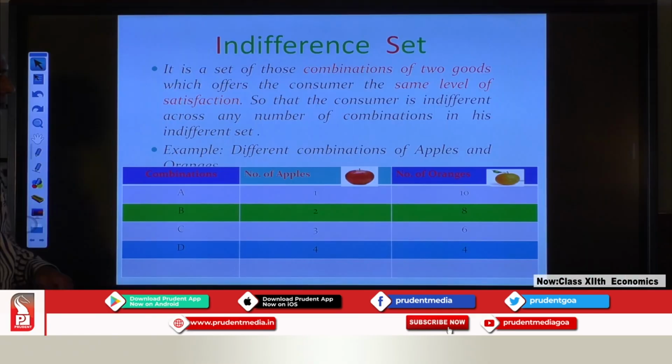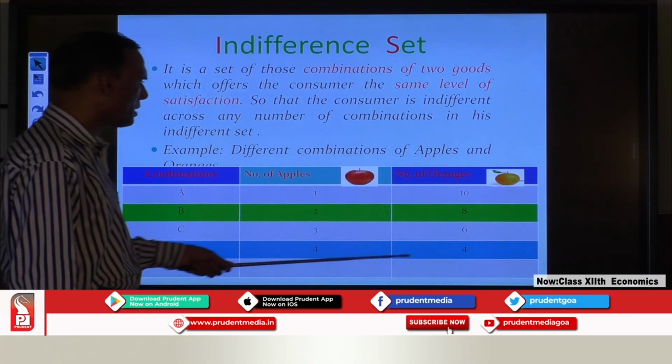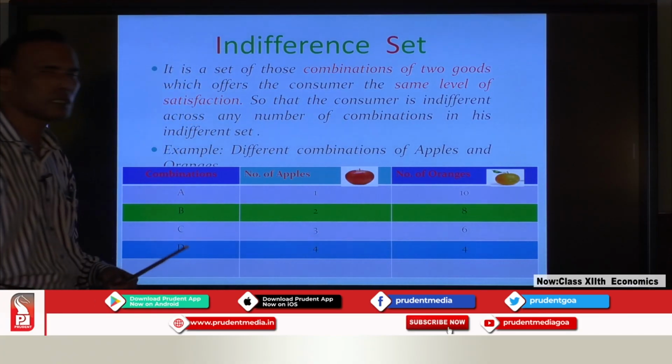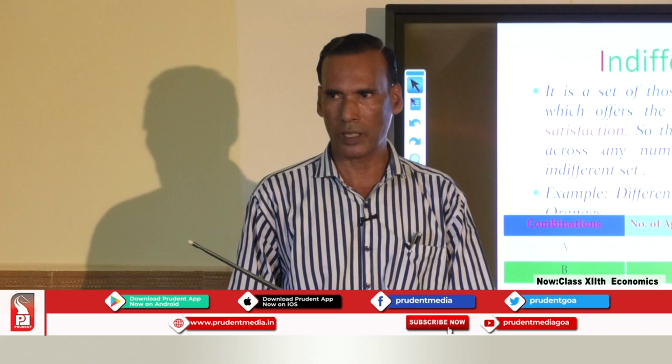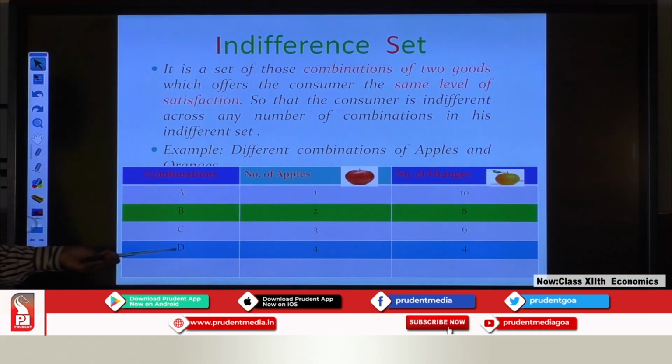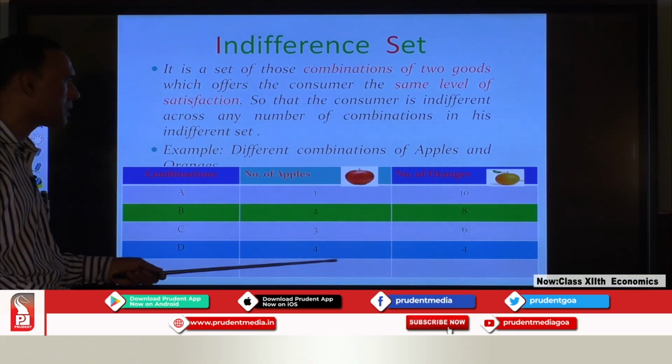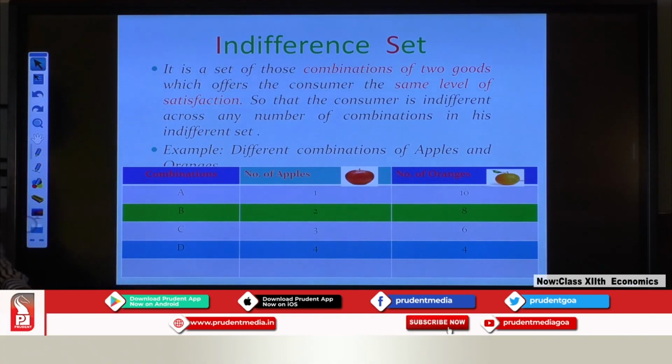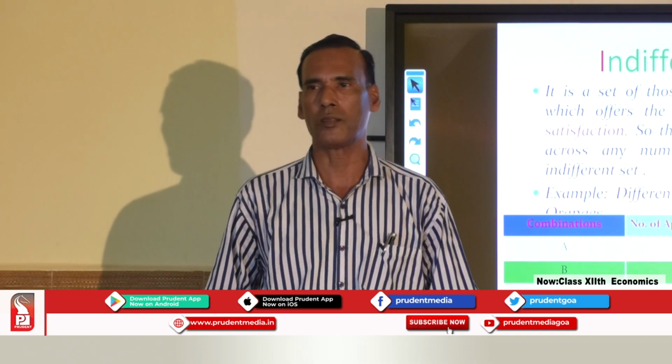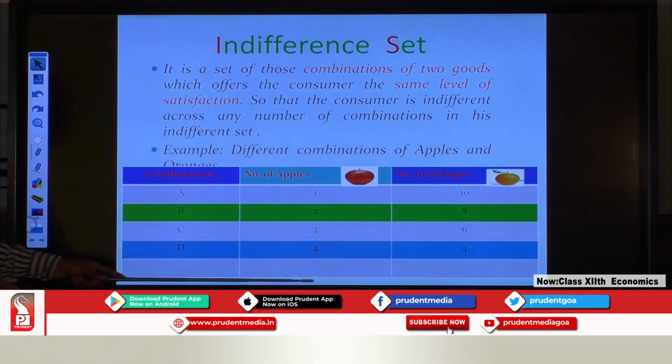Combination C, 3 apples and 6 oranges gives me the same level of satisfaction. Combination D, 4 apples, 4 oranges. So, whichever the combination that is there, whether A, B, C or D, it gives me the same level of satisfaction.